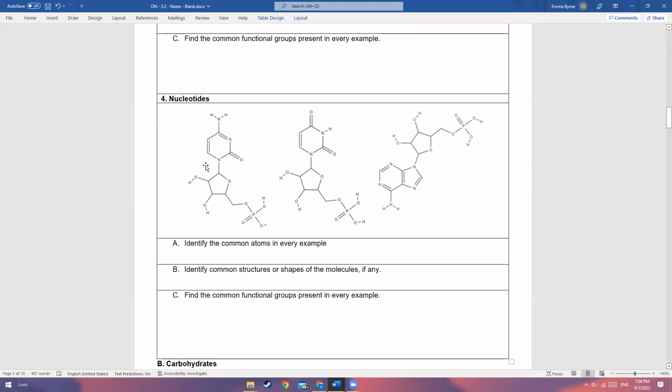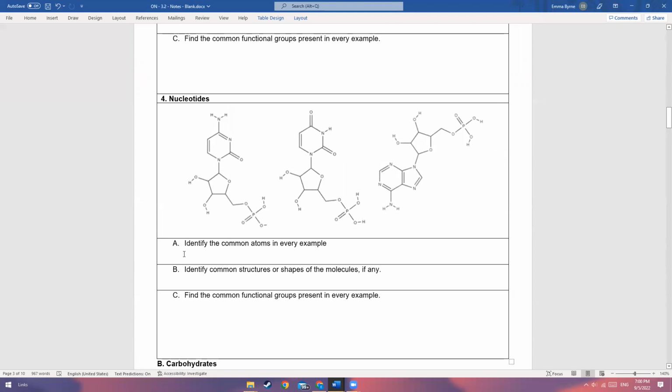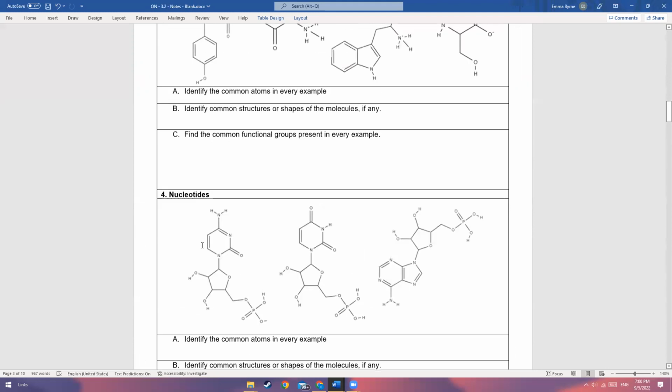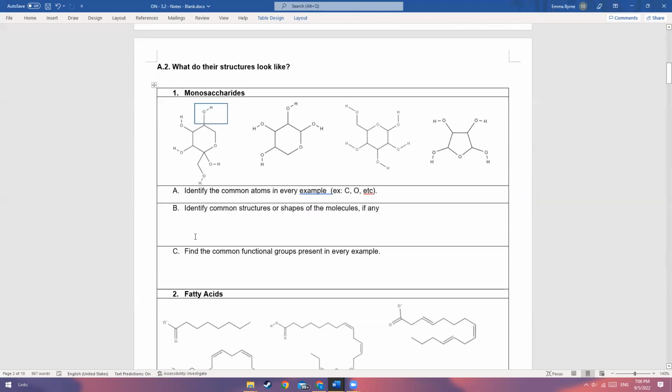And you'll see that these structures start to look pretty complex. So you'll probably have a lot more to write for the functional groups, for nucleotides in particular. And I think this is a good place to stop here. So give this activity a shot, and we will discuss the answers later on.